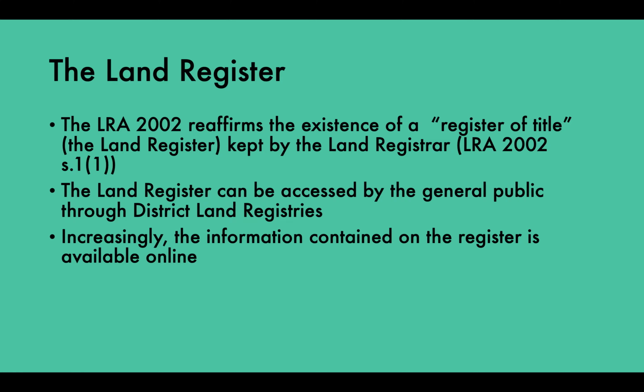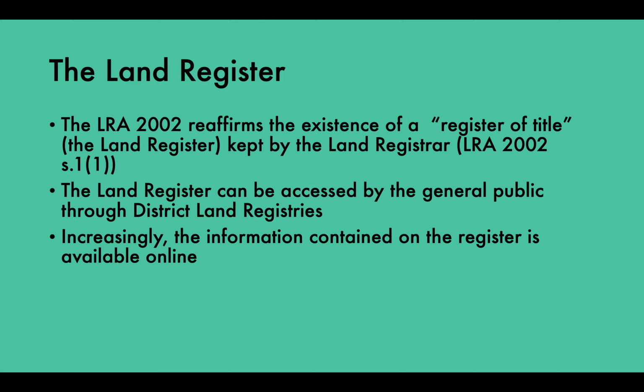So, the Land Register. The Land Registration Act 2002 reaffirms the existence of a register of title, that's the Land Register, kept by the Land Registrar. The 1925 Act was the first piece of legislation which attempted to introduce a nationwide registration of title.